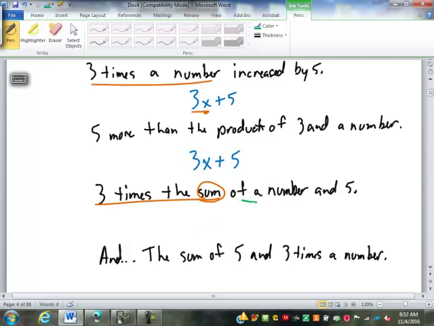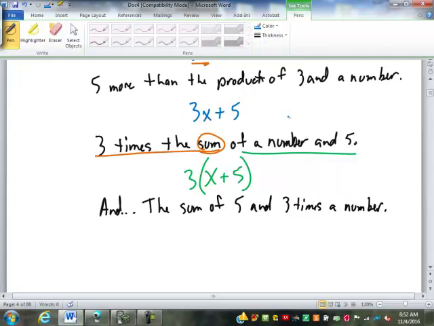So the sum of a number and 5 is x plus 5 first. How do we indicate that we have to add them before we multiply? Parentheses. So 3 times the sum of x and 5 is 3 times x plus 5 in parentheses. And then finally, the sum of 5 and 3 times the number. 5 plus 3x or 3x plus 5, either one.